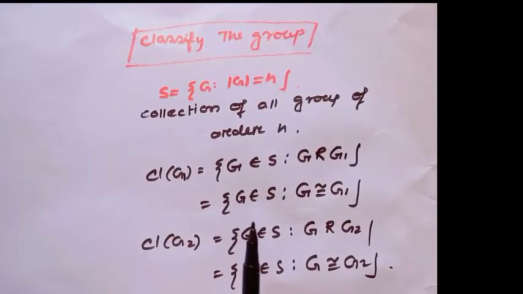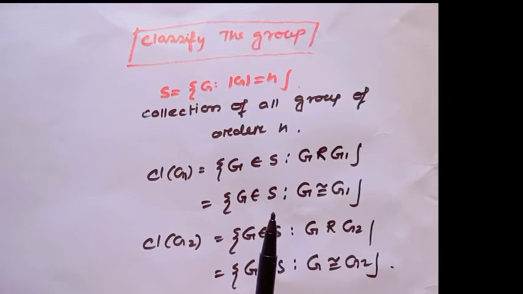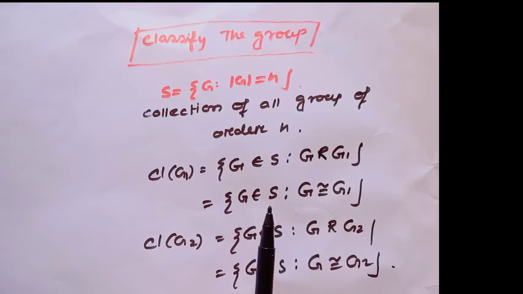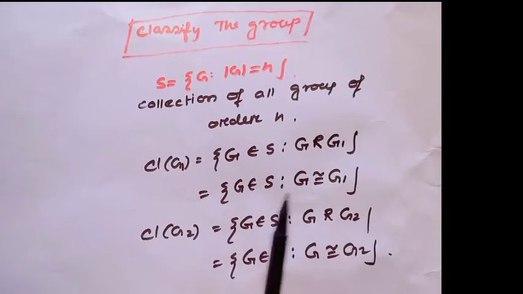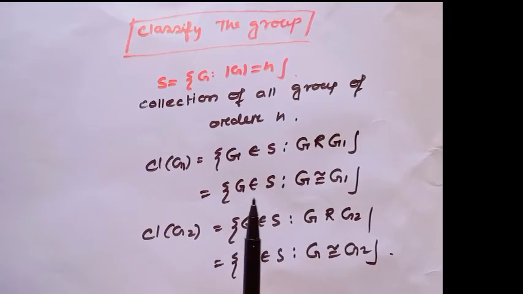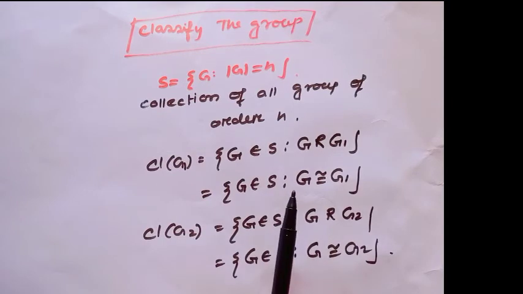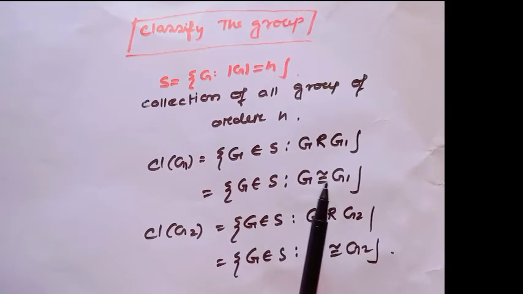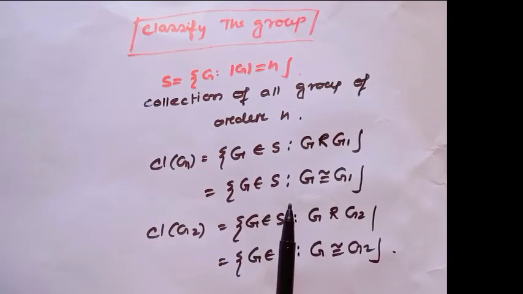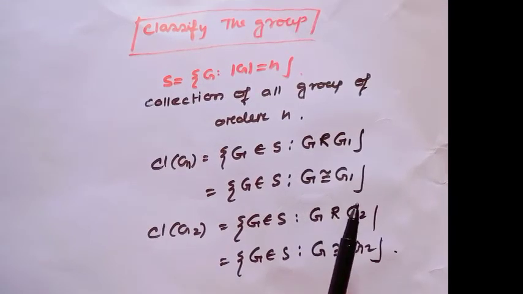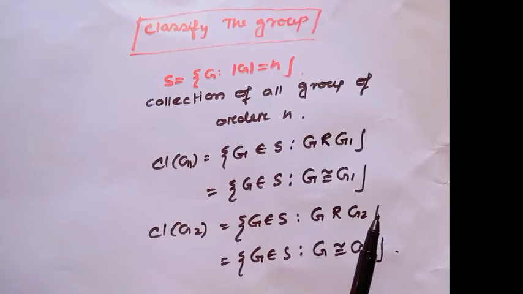Let S be the set of all groups G such that the order of G equals n. That means the collection of all groups of order n. Then the class of G1 equals the set of all G in S such that G is equivalent to G1, that means G is isomorphic to G1.